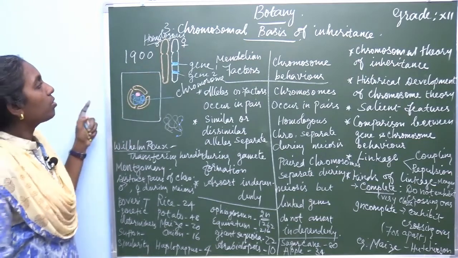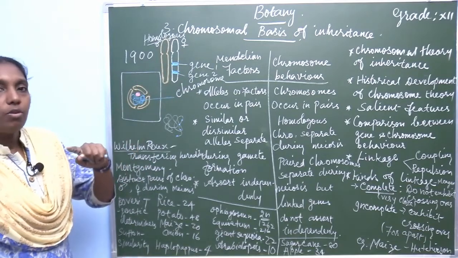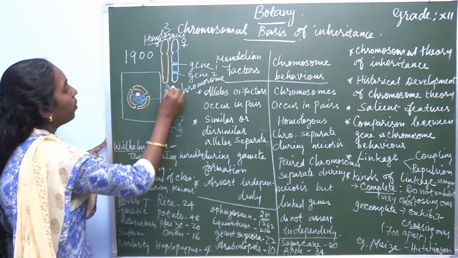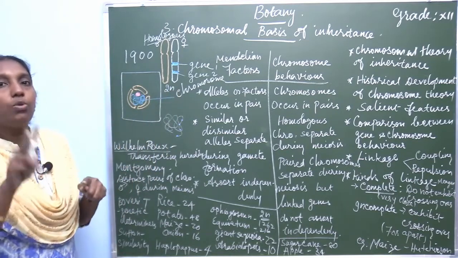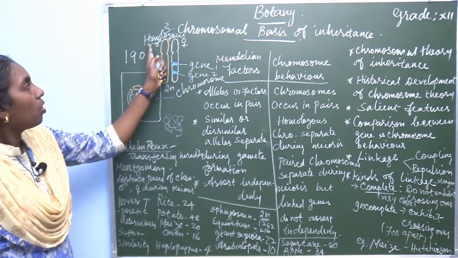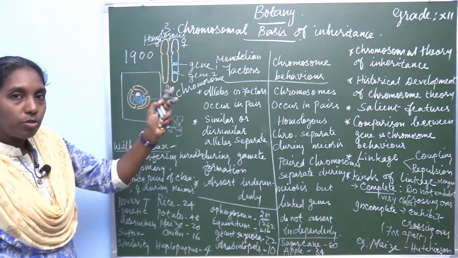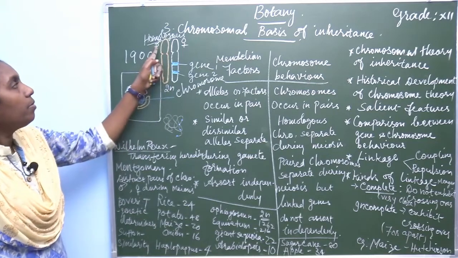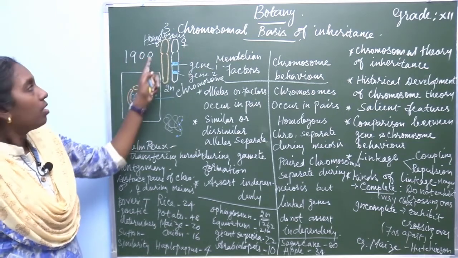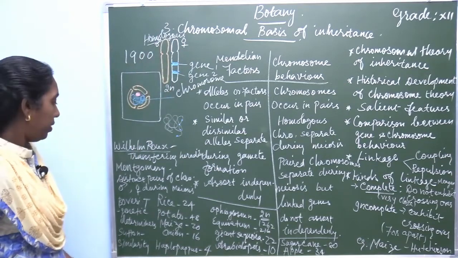This is paternal, this is maternal. So these set of chromosomes are called homologous chromosomes. In eukaryotes, the chromosomes are diploid, 2n, that contains 2 haploid sets. How does it develop? Each chromosome is derived from male and female parent. This set is called homologous chromosomes, diploid in number.